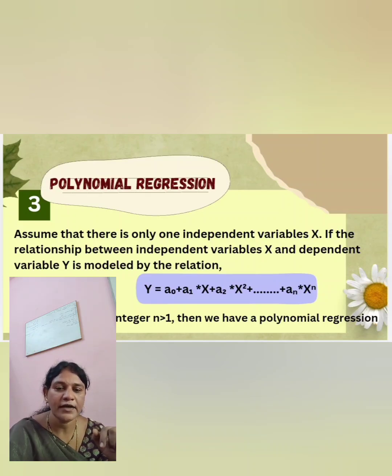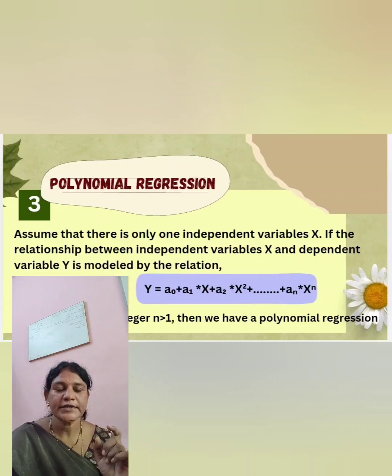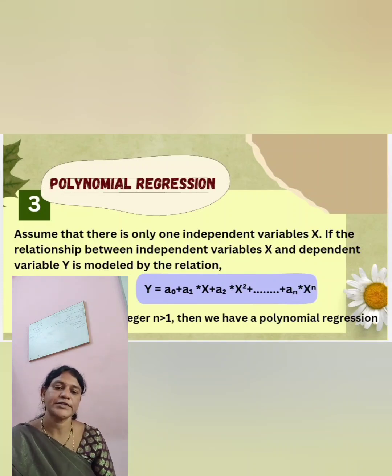We are predicting the value of y. So here we take only one independent variable and its polynomial terms. Here we are predicting the value of y, the dependent variable, based on the independent variable x. That is known as polynomial regression.